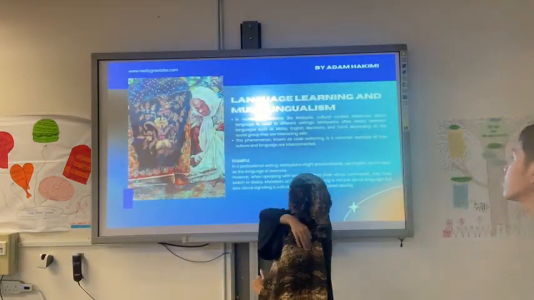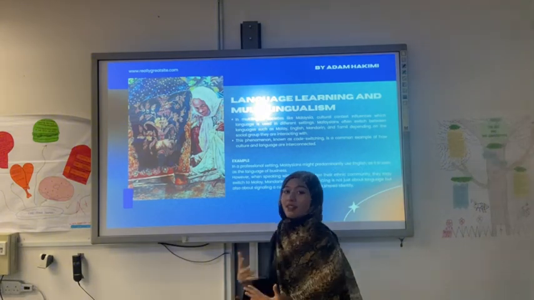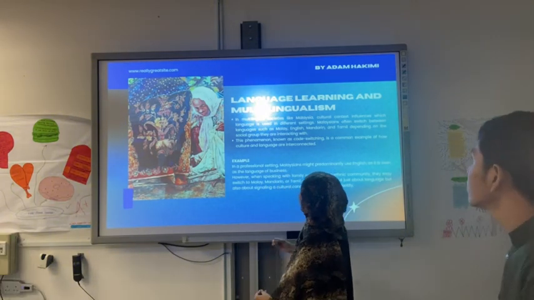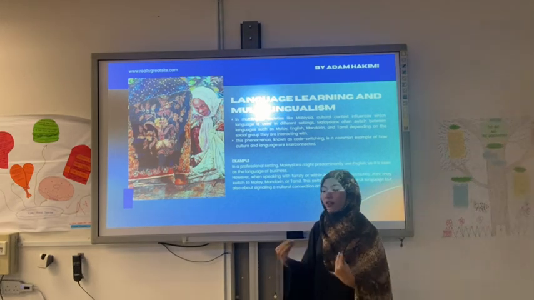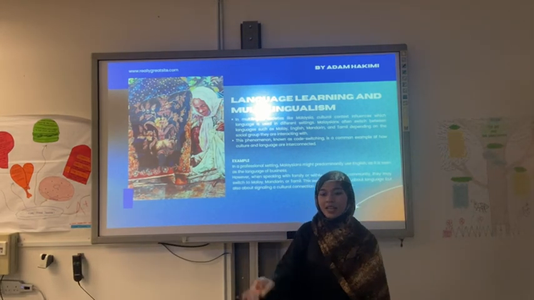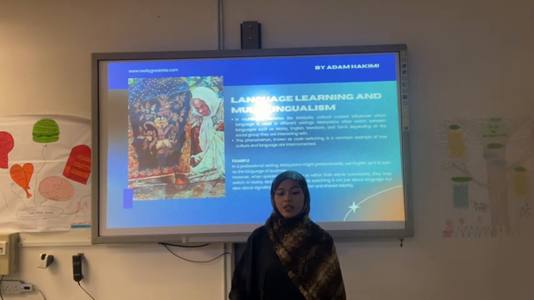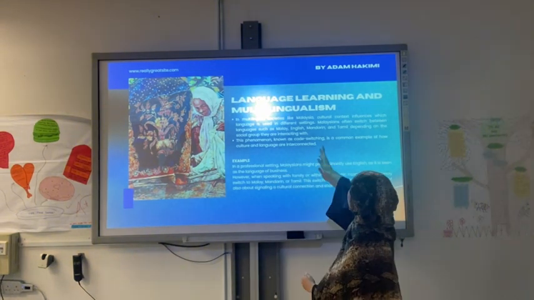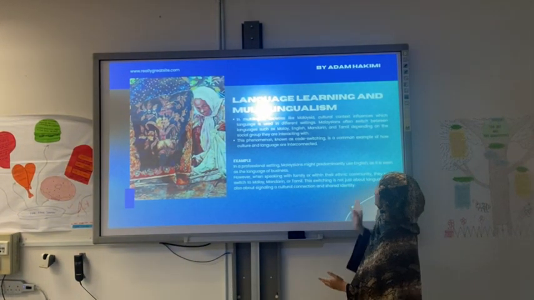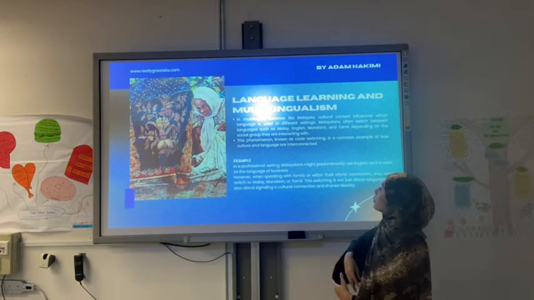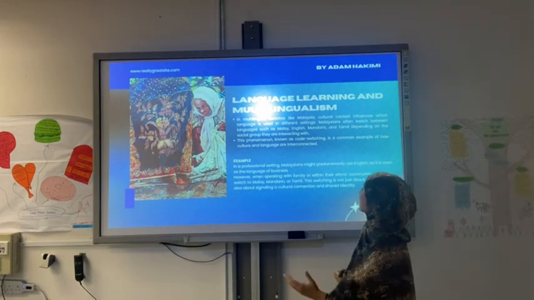And lastly, we're going to talk about language learning and multilingualism. In multilingual societies like Malaysia, we live in a very harmonious state where Malays, Chinese, and Indians live in one society. Cultural context influences which language is used in different settings.